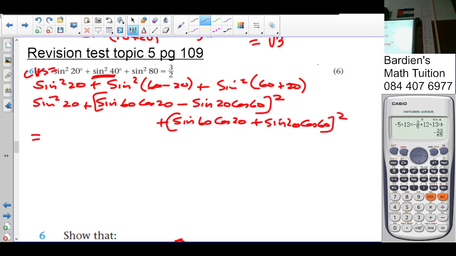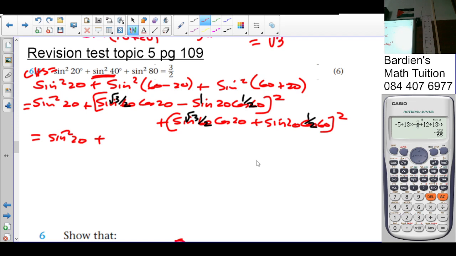Alright, so that's simply going to give us sine squared 20 plus. Now sine 60 is root 3 over 2, and cos 60 is 1 over 2.